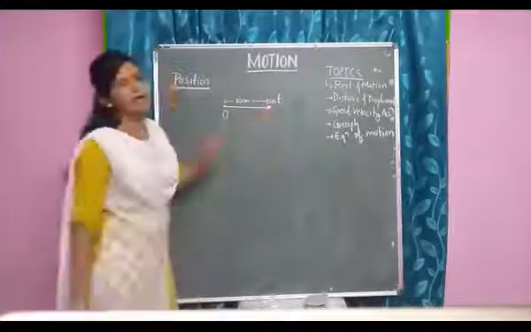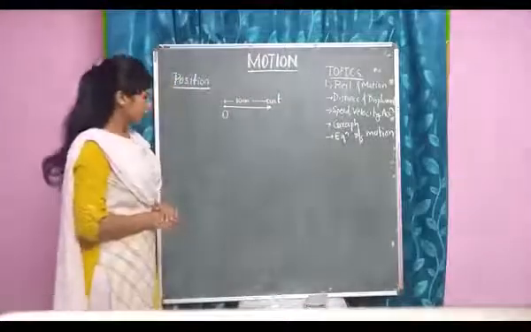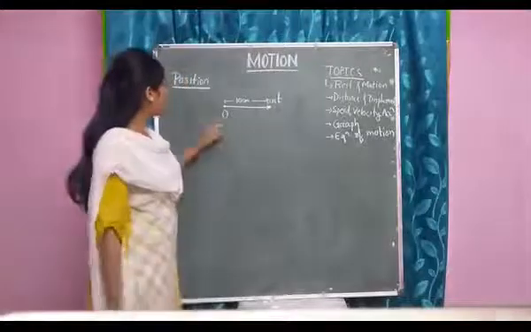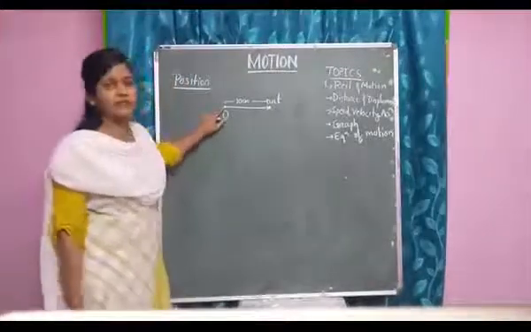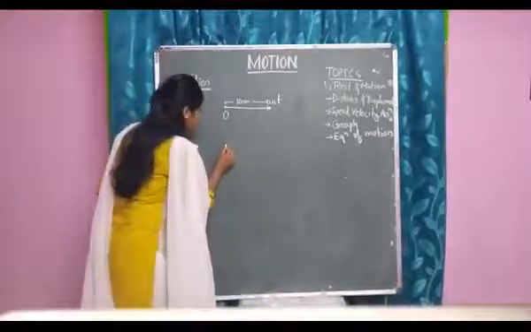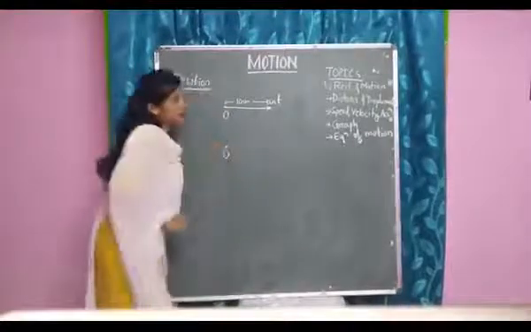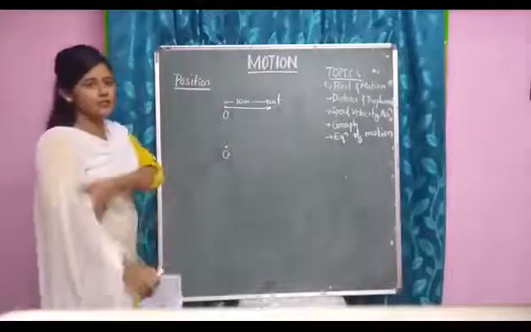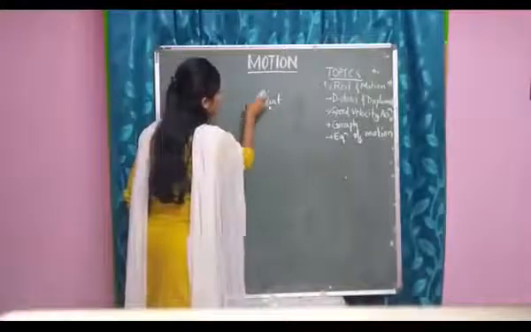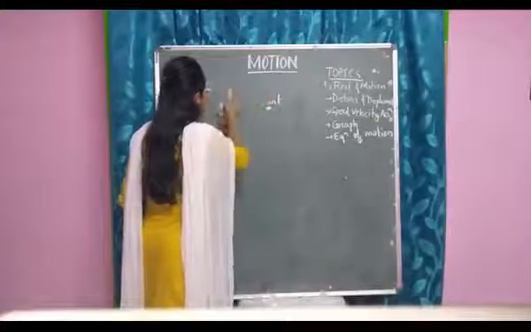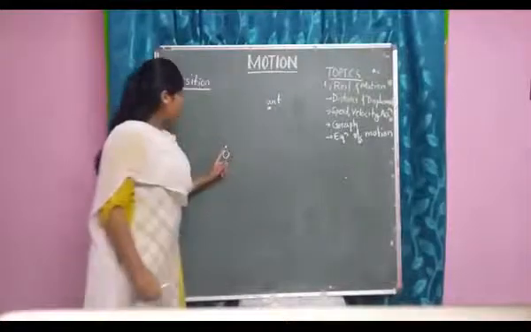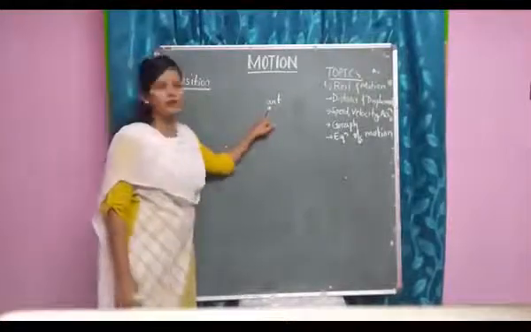In this way I will define the position of this ant. Suppose another person does not take this point as the reference point. Suppose for him the reference point is this one. If that becomes his reference point, then the position of the ant will be different. So how will we define the position of this ant?